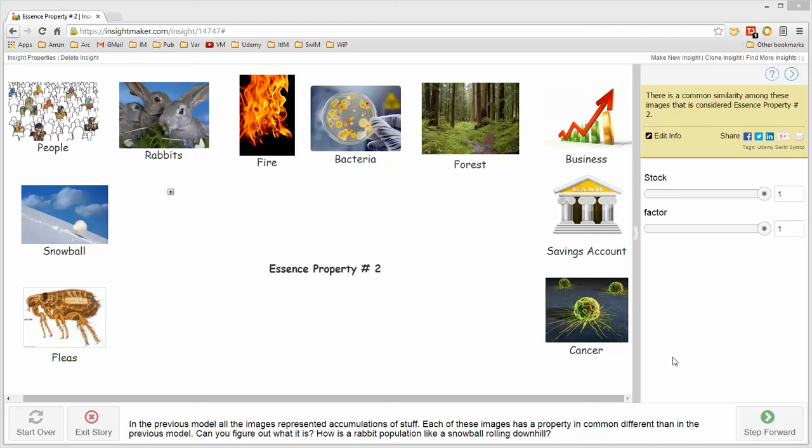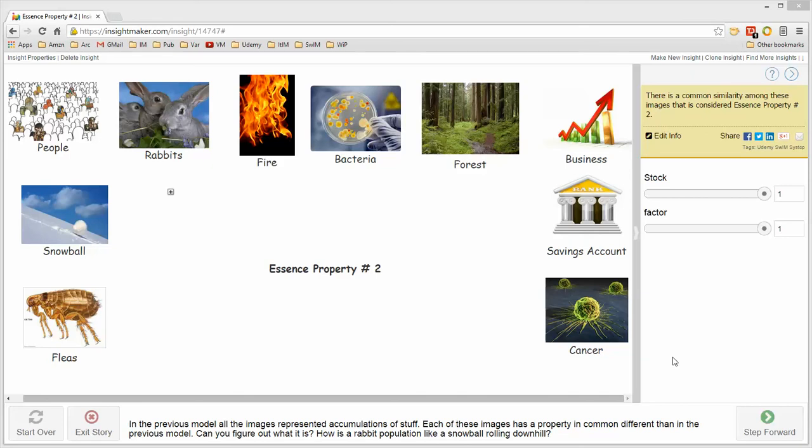As in the last segment, here are a set of images which have something in common. If you think about each one of them, they each represent growth, though a different kind of growth than the images in the previous session.